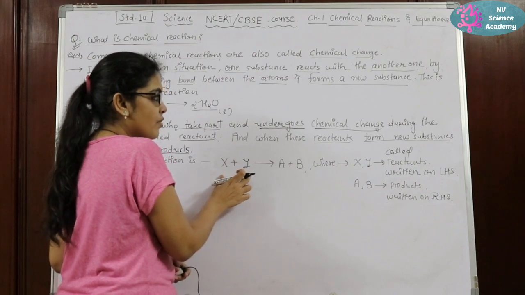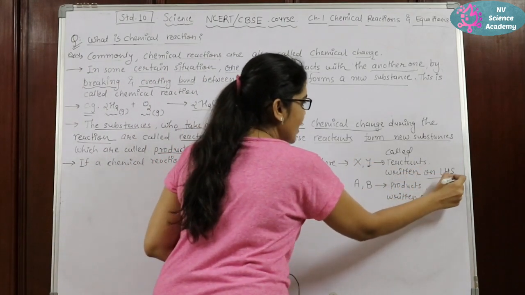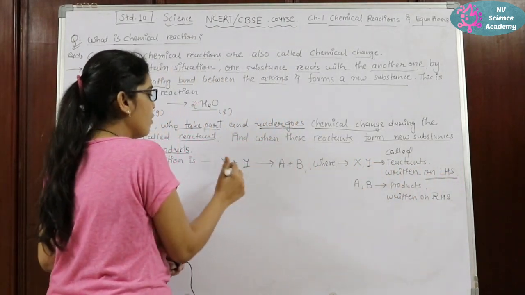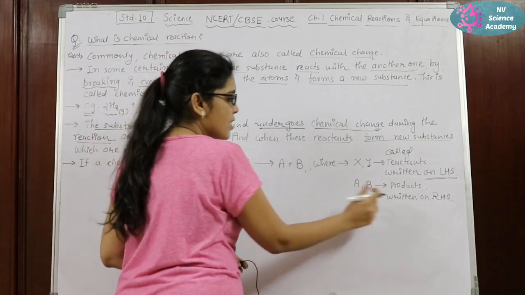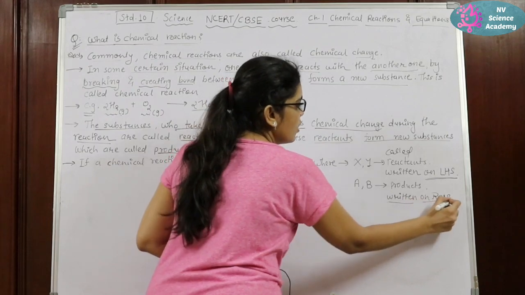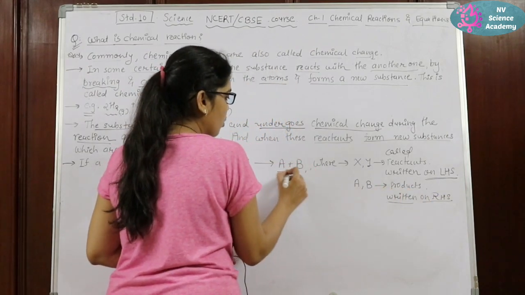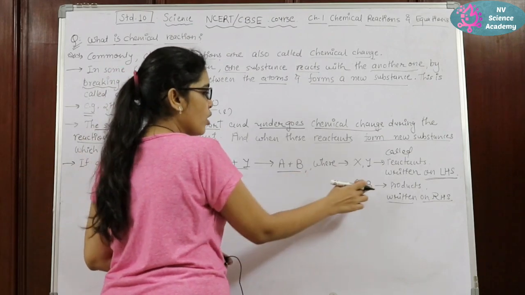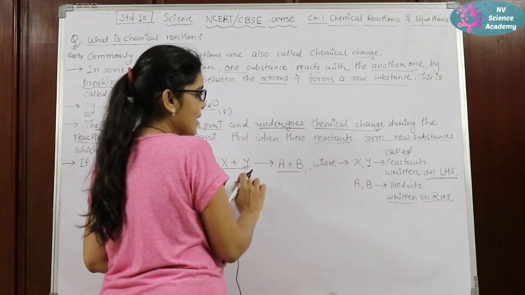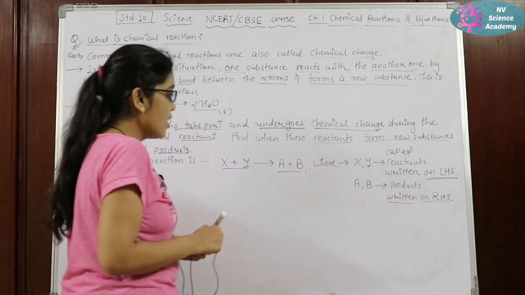The substances written on the left hand side of the arrow are called reactants, and the substances written on the right hand side of the arrow are called products. So in this example, which are the products? A and B are products and X and Y are reactants.